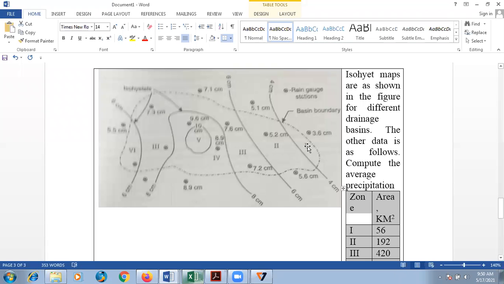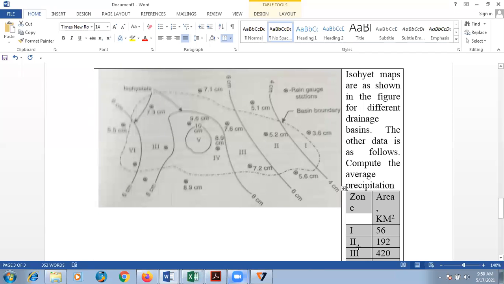Therefore, this zone 1 can be considered as an area between two isoheights of values 4 centimeter and another isoheight to the right side of this 4, that is 2 centimeter. It is between an isoheight of 2 to 4 centimeter. Is this point clear to everyone? This is very important.